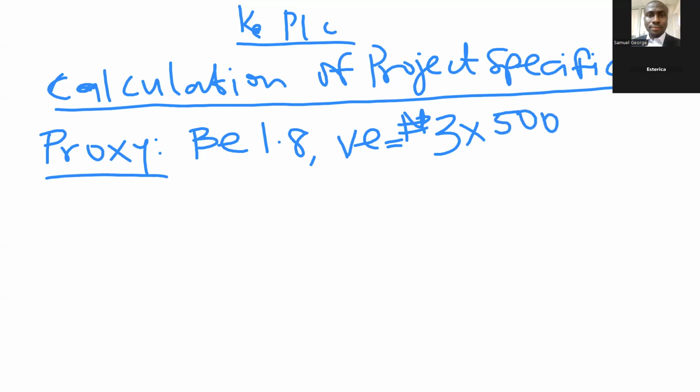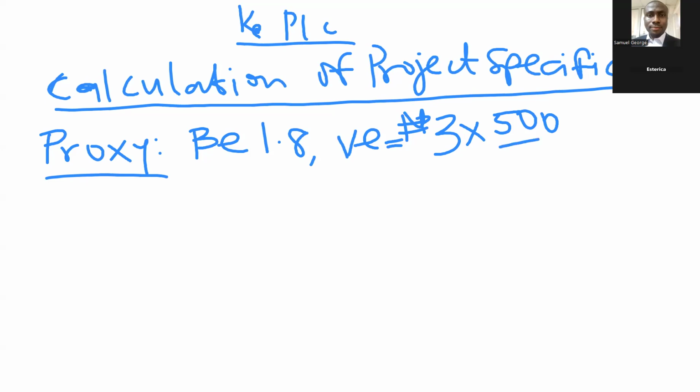Look at ME's share capital. The share capital per share is 1 naira. The total capital is 500 million naira. What is the number of shares? 500 million naira divided by 1 naira is 500 million shares.